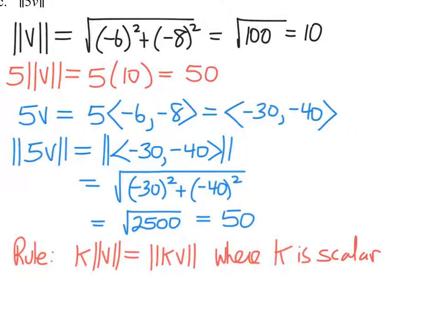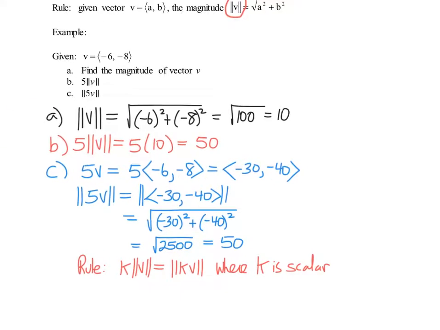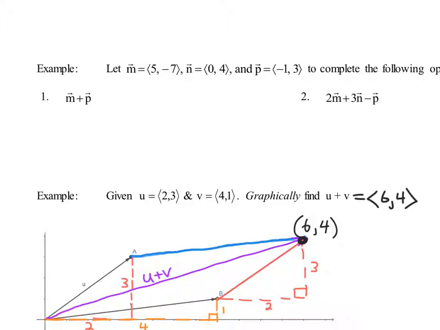If I'm multiplying two vectors, there's a couple of ways I can do it. We could do it with something called a dot product, or with another approach known as the cross product, something that we'll talk about next time. So m plus p is really just telling us to take the corresponding parts of vector m, which is 5, -7, and p, which is -1, 3.